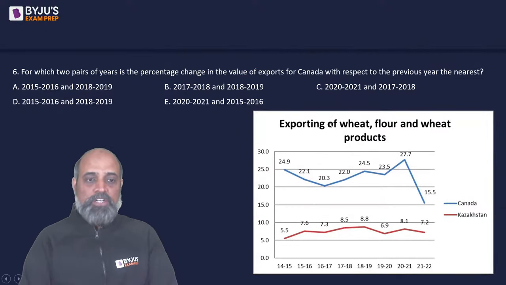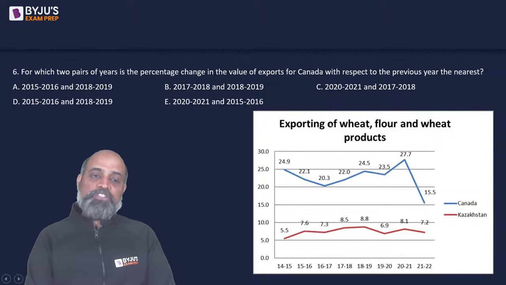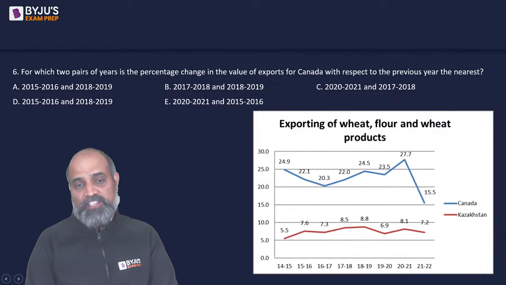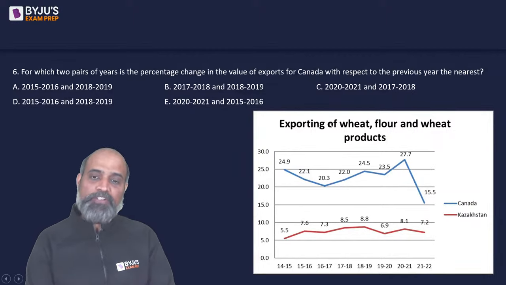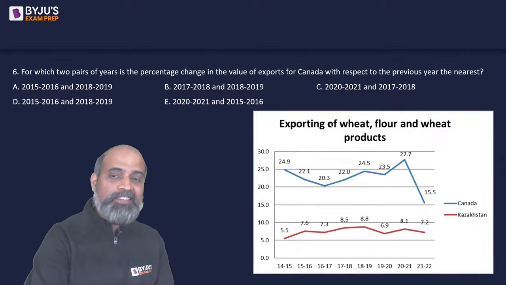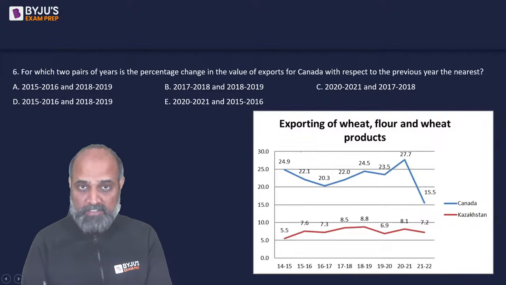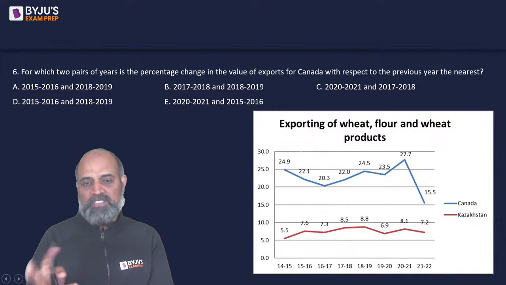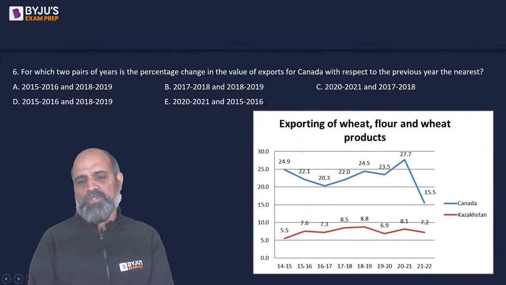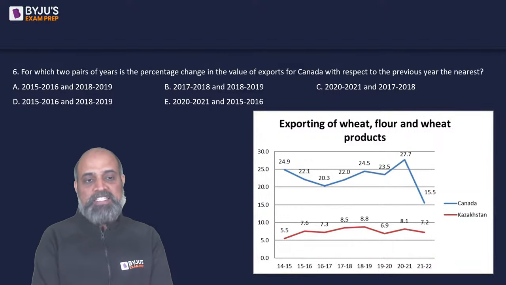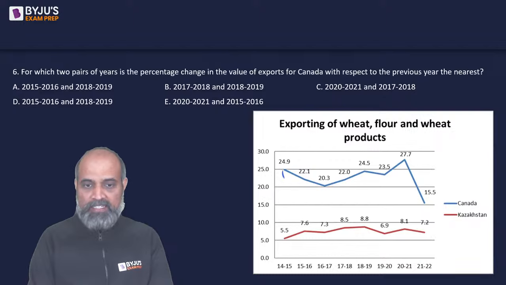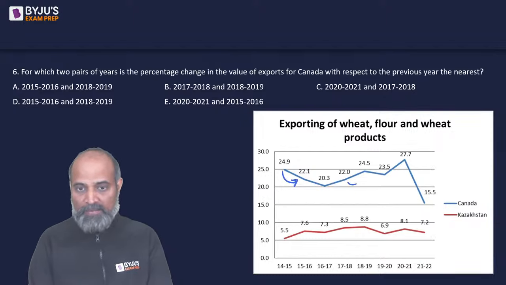right. Next one. For which two pairs of years is the percentage change in the value of exports for Canada with respect to the previous year is nearest? Okay, so which 2 years or pair of years do we have the percentage change very close to each other? So 15-16 and 18-19. So if we look at 15-16, so this change, and 18-19 में मतलब ये change.